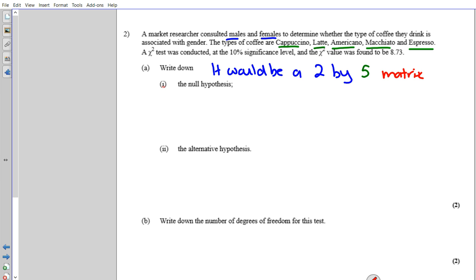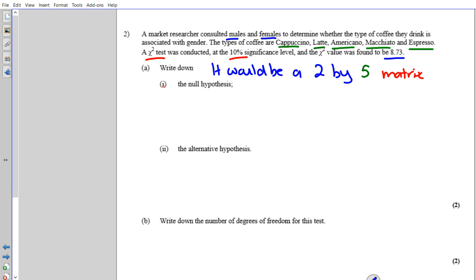So it would be a 2 by 5 matrix. Write down the null, instead a chi-squared test, notice they said x-squared test again. So a chi-squared test was conducted at a 10% significance level, important bit of info. And the chi-squared value, you're not going to have to calculate it because they told it to you, is 8.73. So that's our x-squared calc value. So you're not even going to have to calculate it. So it doesn't matter you don't have the matrix.